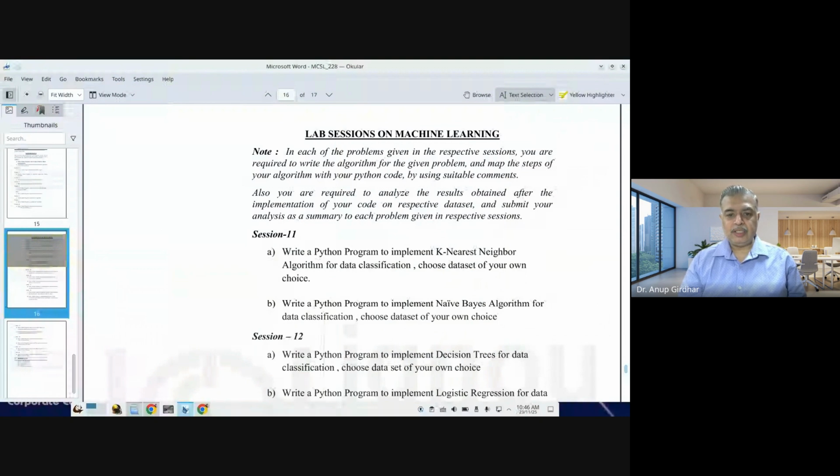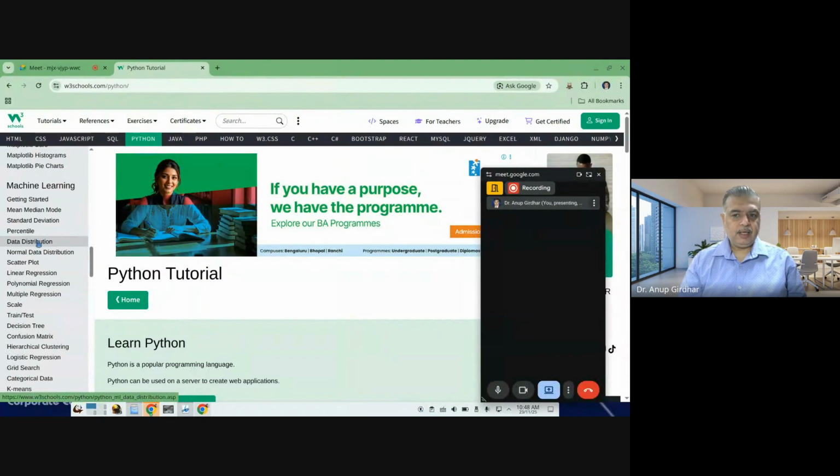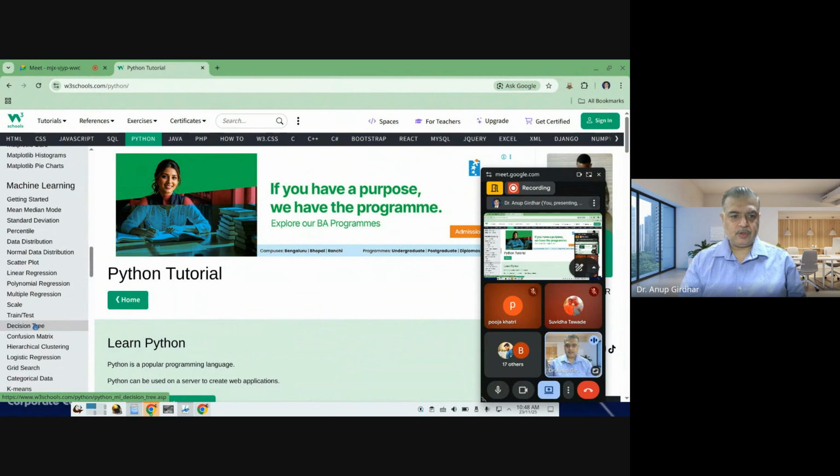At least you should do all these algorithms practically and then try to implement them in your code. For that, I have already given you the way you can proceed with these algorithms, right? And I think you can check, we have a concept of decision tree. So even you can go with the decision tree and see how the decision tree works. There you have some options, like what is the concept of decision tree altogether.